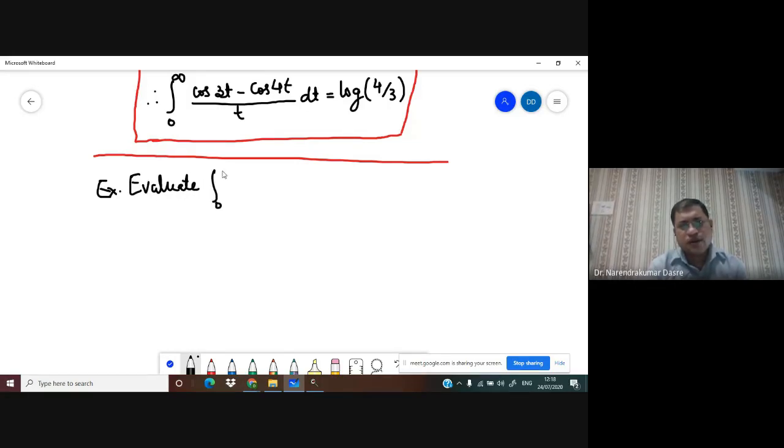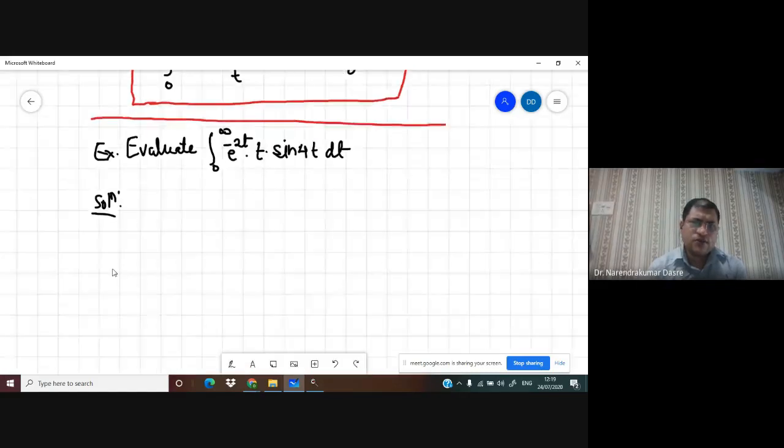Evaluate integral 0 to infinity e raised to minus 2t into t into sine of 4t. Okay, so we have to evaluate this integral.